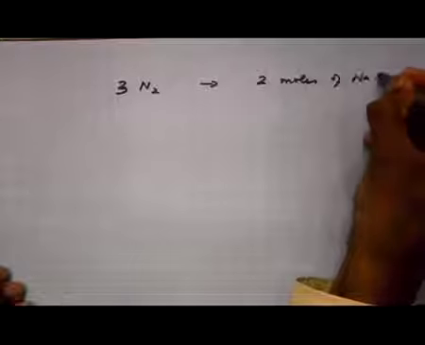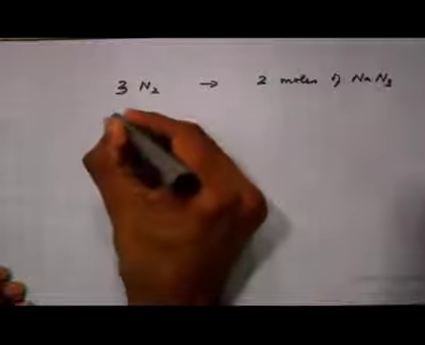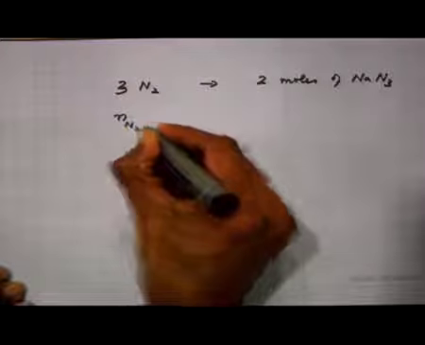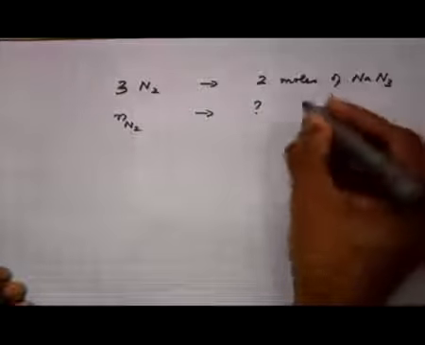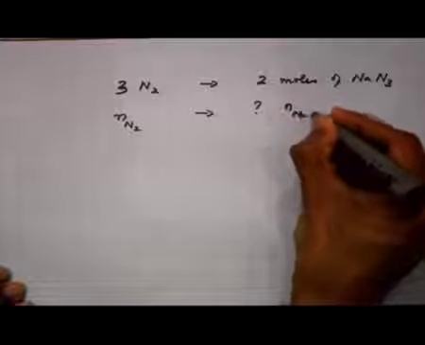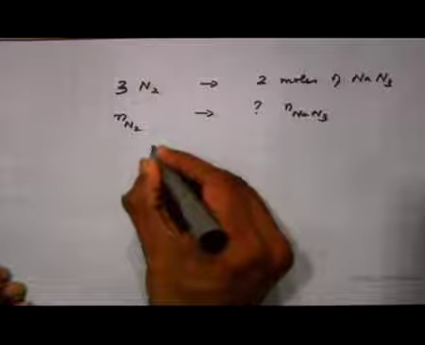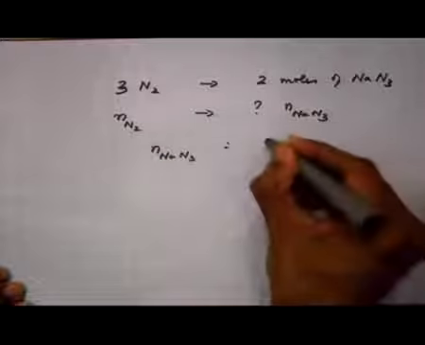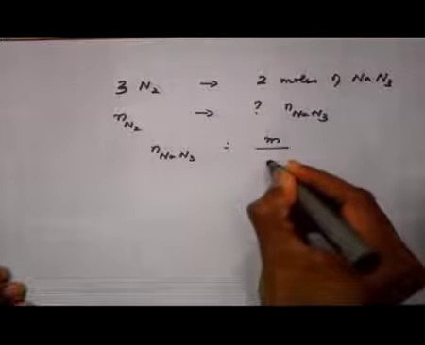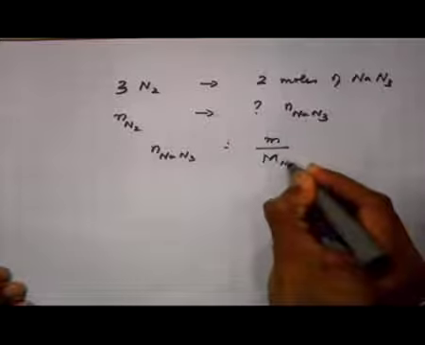So, n moles of N2 are obtained from how many? That gives you n sodium azide, and we know that n sodium azide is mass divided by the molar mass of sodium azide.